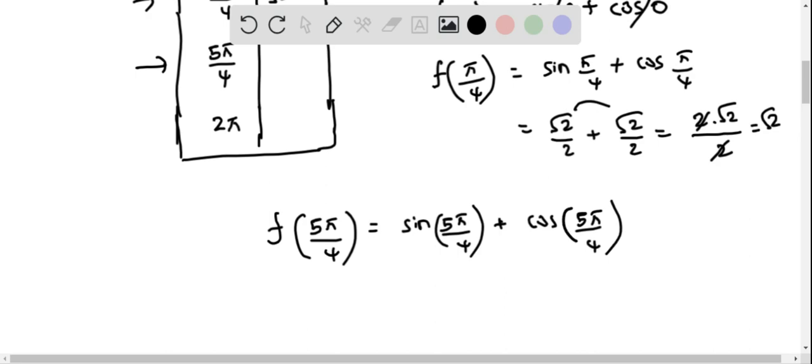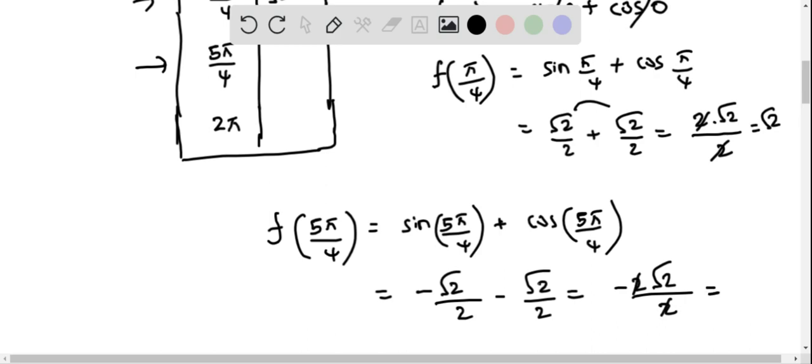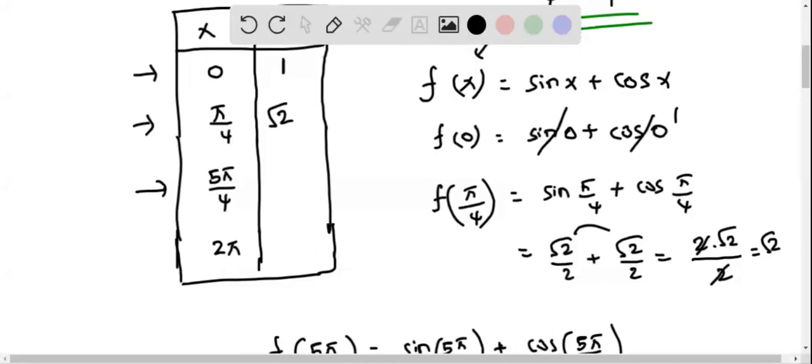We already determined that sine 5 pi by 4 is negative root 2 over 2. This is from the unit circle. And similarly, cos 5 pi by 4 is also negative root 2 over 2. So when we add this, we get negative 2 times root 2 over 2, which equals negative root 2. Now let's put this into the table. So this is negative root 2.